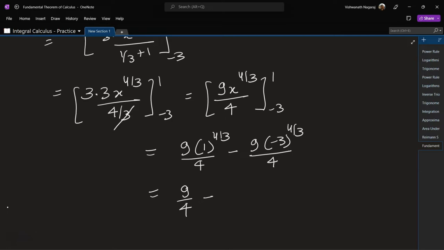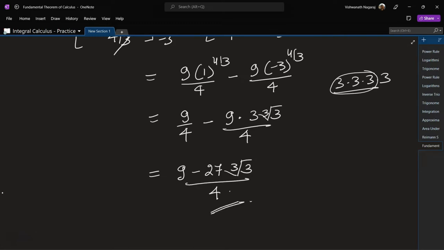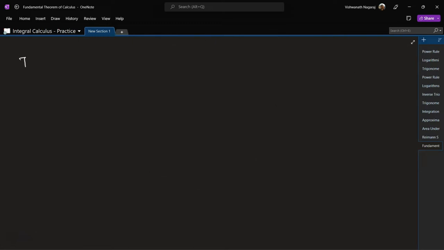So minus has disappeared from inside. We have 9 times, and this 3 times 3 times 3 times 3. Fourth power is gone. Now cube root, if we take, this comes out. So we have 3 cube root of 3 by 4. So which means we have 9 minus 27 cube root of 3 by 4. That is the integral.